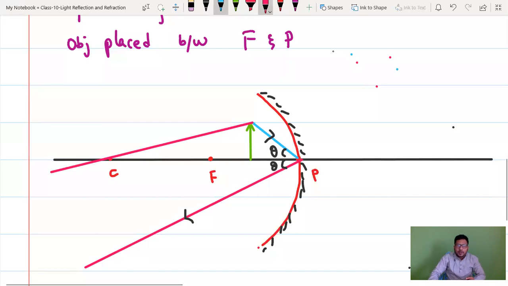And guys, you see, if an incident ray from the head is touching the mirror like this, after touching mirror, the reflected ray will pass through C. Now, you see both reflected rays are non-parallel lines. What you can do is extend this side. So this is the first reflected ray. You can extend like this.